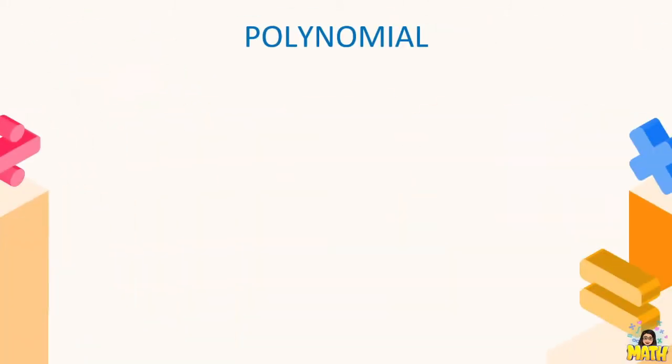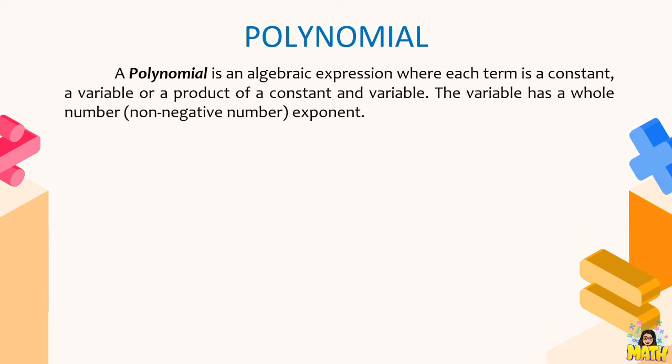In algebra, you will encounter different algebraic expressions, and most of them are called polynomials. A polynomial is an algebraic expression where each term is a constant, a variable, or a product of a constant and a variable. Yung variable must have a whole number or non-negative exponent. So let's write some examples.